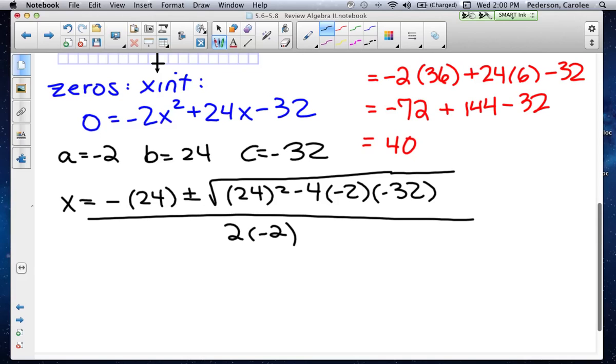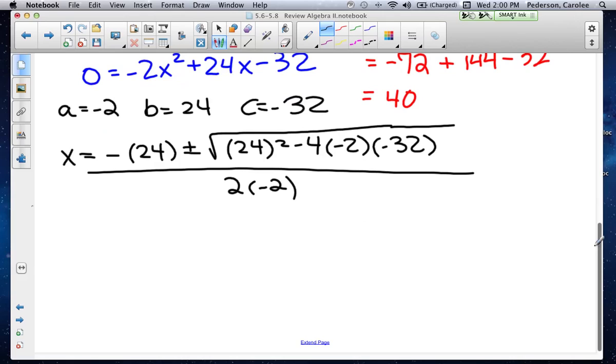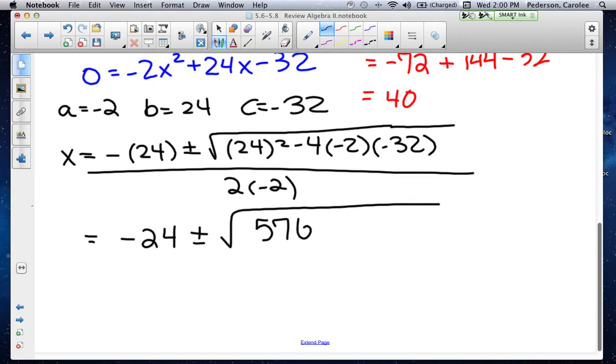The discriminant is 320. Okay. -24 plus or minus, 24 squared is 576. -4 times -2 times -32 is -256, all over -4.